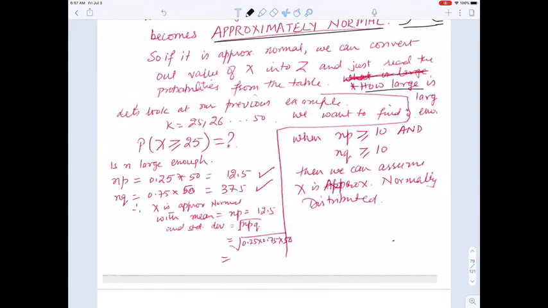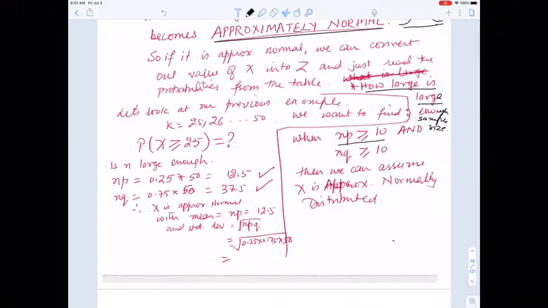How large is this large enough sample size? When np is greater than or equal to 10 and nq is also greater than or equal to 10, then we can assume that X is approximately normally distributed.